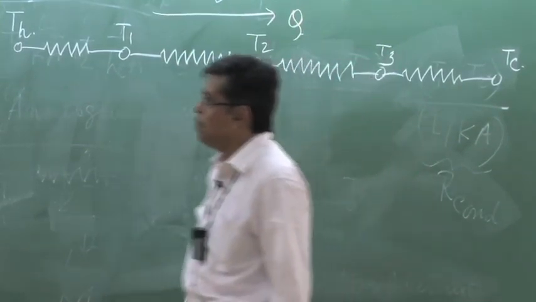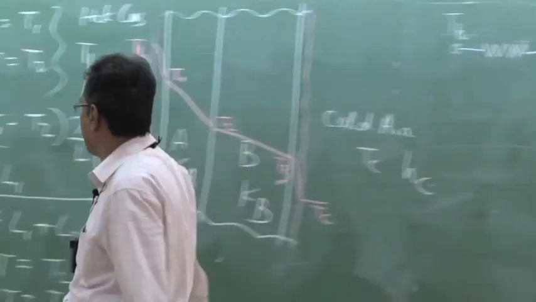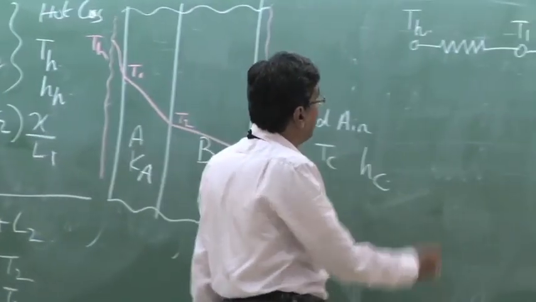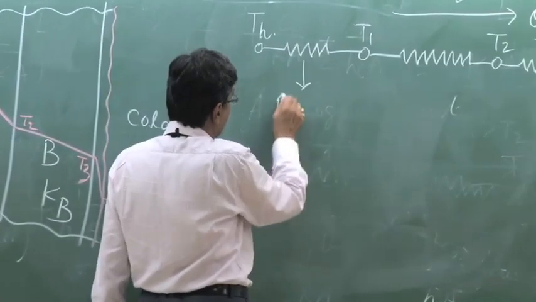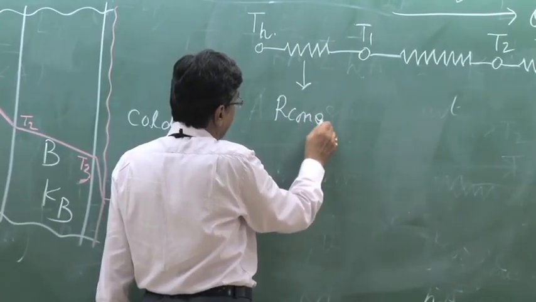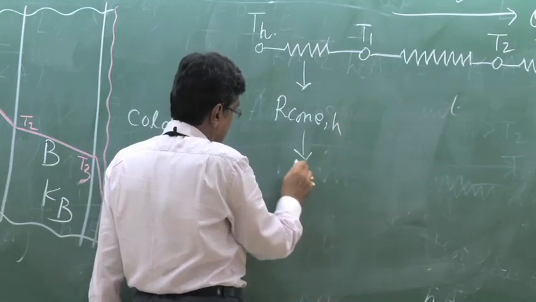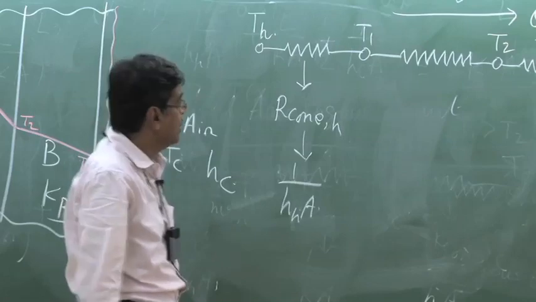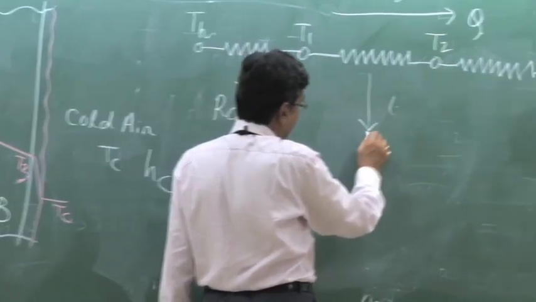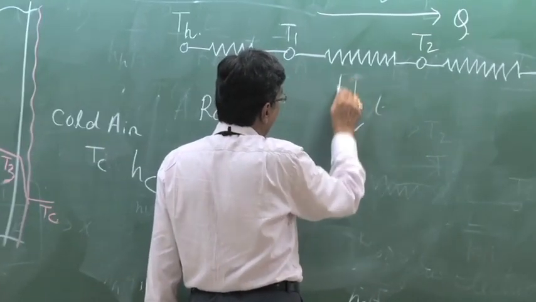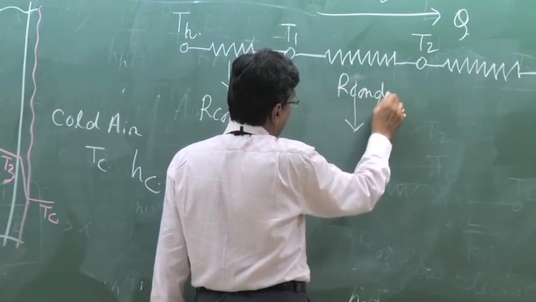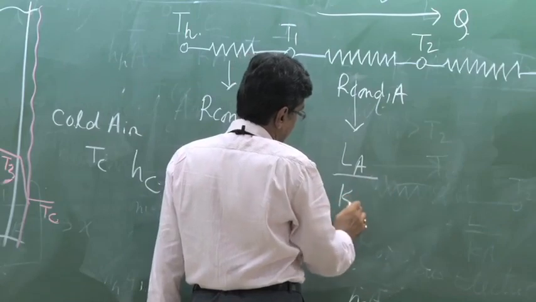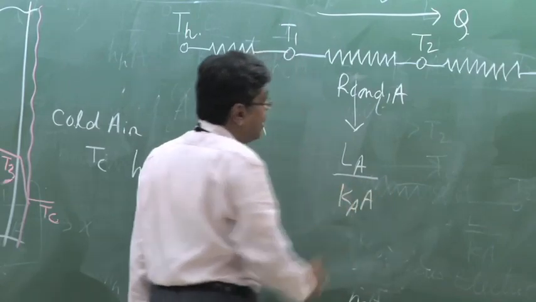That means I am writing the electrical analogous circuit for the equation which I wrote earlier, Q, and this is R convection, hot side, which is 1 by HhA. Then this is material A, R conduction material A, which is LA by KAA.